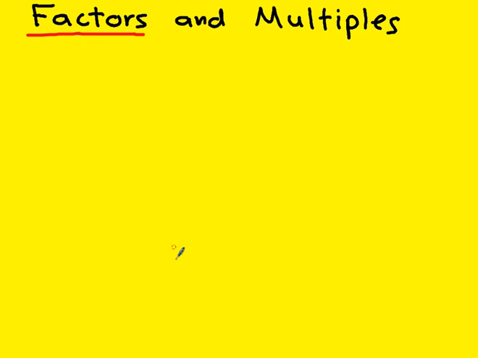You're like, what does that mean? Okay, let me show you. So let's say I have the number 32. Okay? What two numbers can I multiply to get 32? 8 and 4. 8 times 4. What's another one I can multiply by? Two numbers I can multiply to get 32.